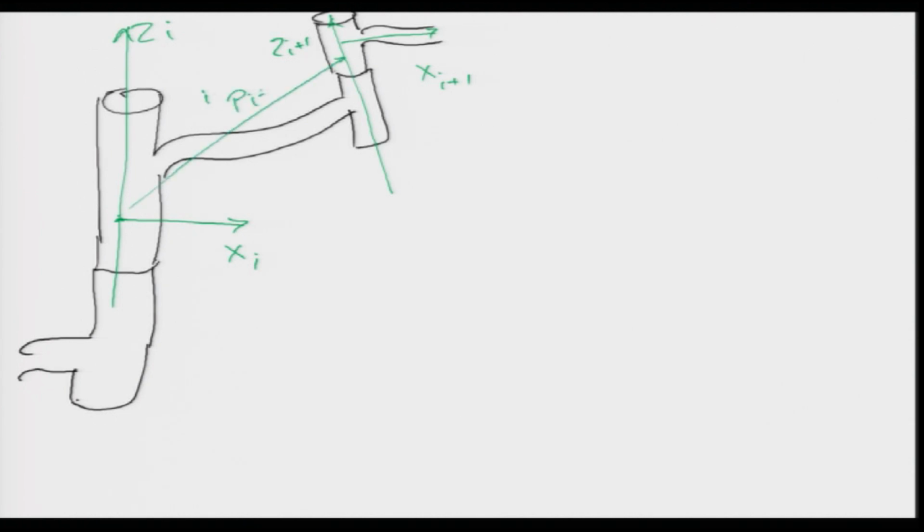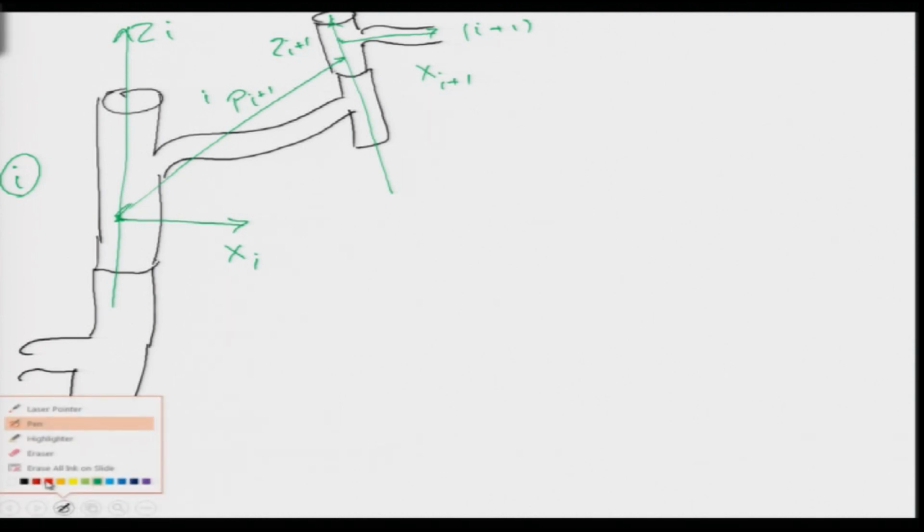So the frame i is of the previous link, and the frame i plus 1 is of the next link, if you can imagine. So this is my frame which is fitted onto the next link, and this is the frame onto the previous link. So we just number these as i and i plus 1. Now let us say that there is a force and moment acting.